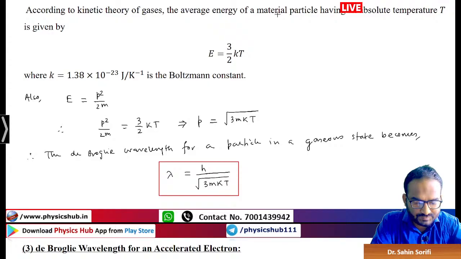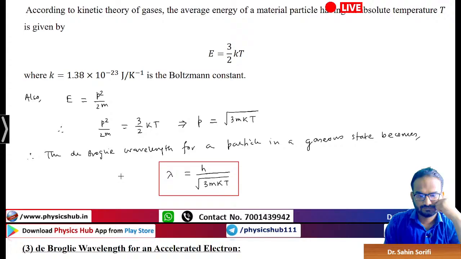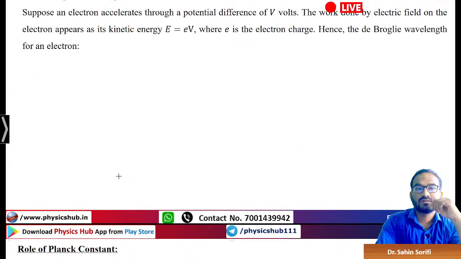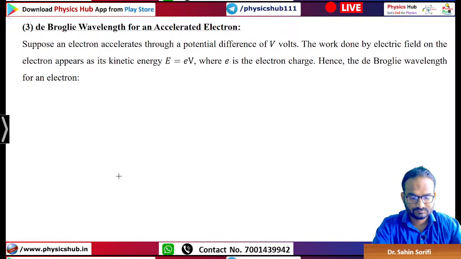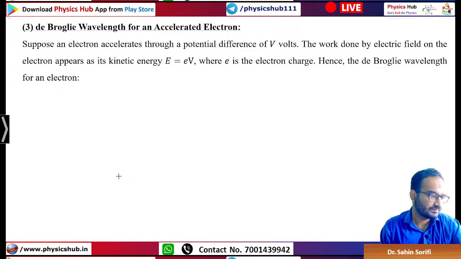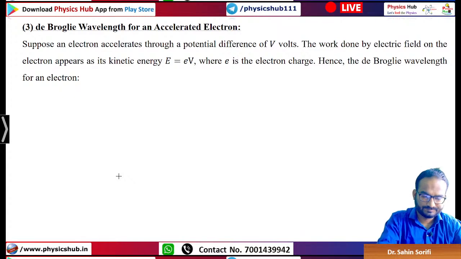Is there any issue with the live or everything all right? Let's talk about this de Broglie wavelength for an accelerated electron. Is it lagging?